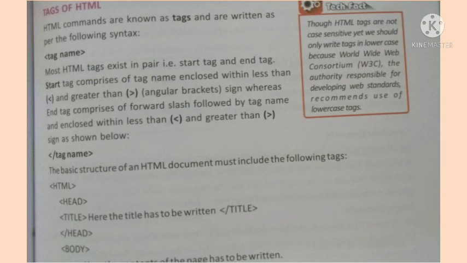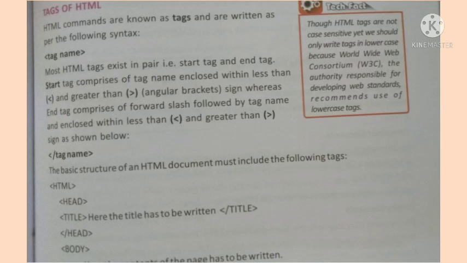The basic structure of an HTML document must include the following tags. First, the opening HTML tag, written within the less than sign and greater than sign. Next, the head tag. Next one, the title tag. After the title tag we write the title of the program.